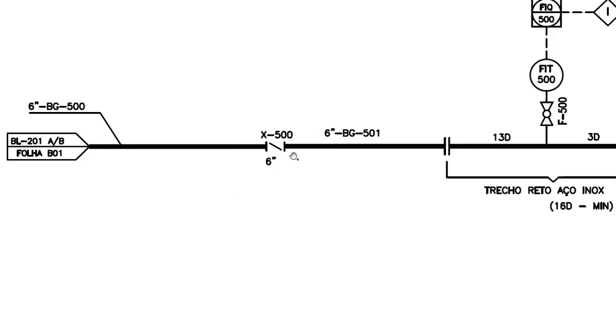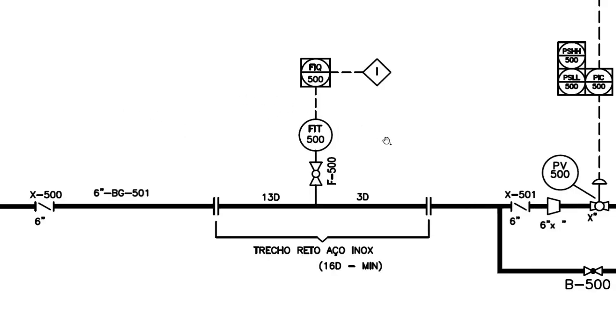After that we have a butterfly valve, a 60-inch butterfly valve, and again the line identification. You see that it has changed its number, and you have the representation of flow metering. So we have here a flow indication transmitter, and it's very common in flow measurement that we need a straight line so as not to impact the flow metering, and with this it is a more reliable measurement.